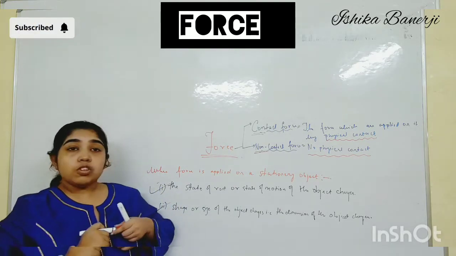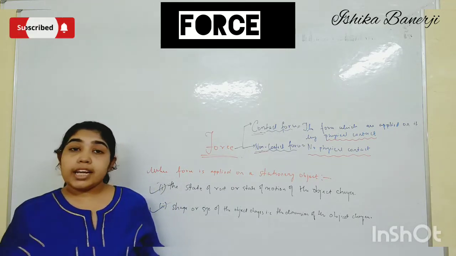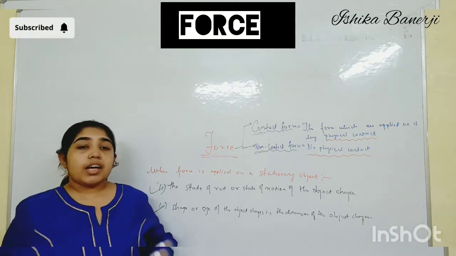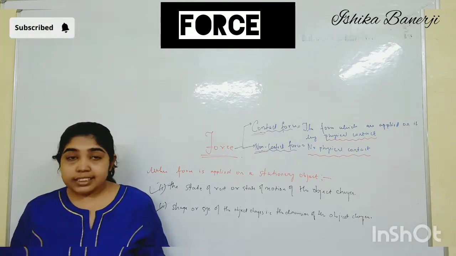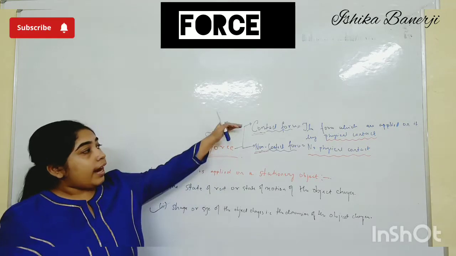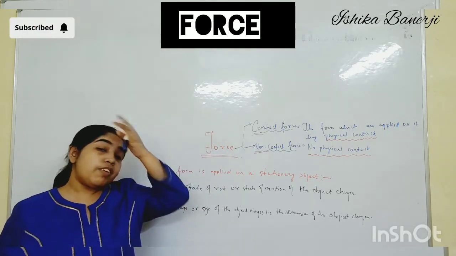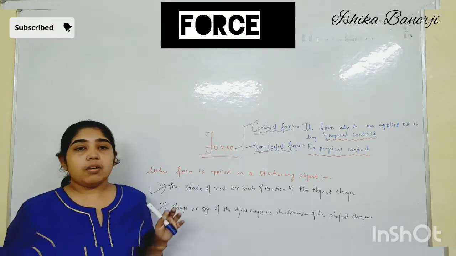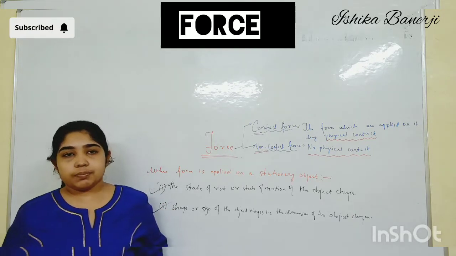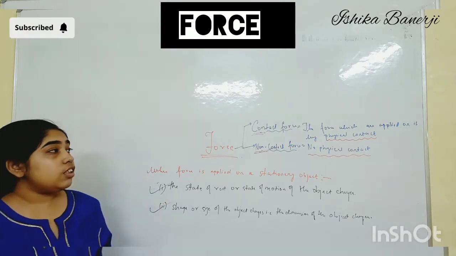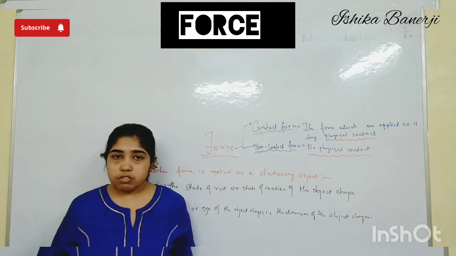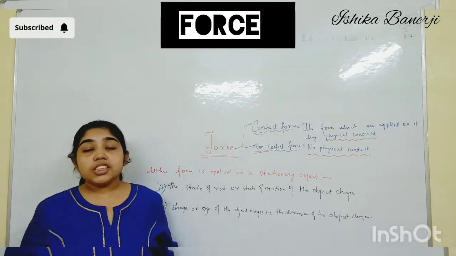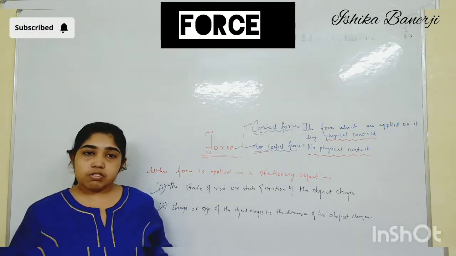Now you have to know examples of contact forces and examples of non-contact forces. Frictional force is an example of contact forces. Collision force is an example of contact forces.